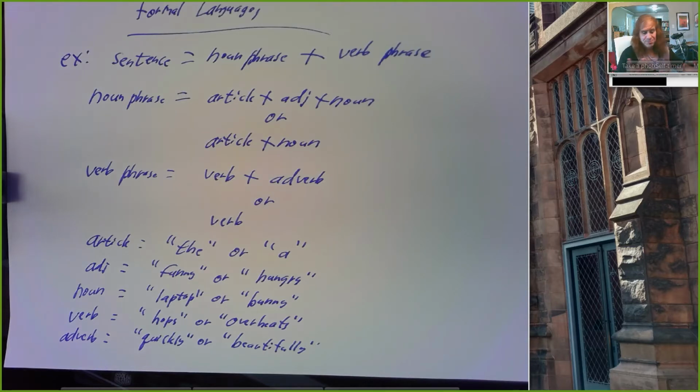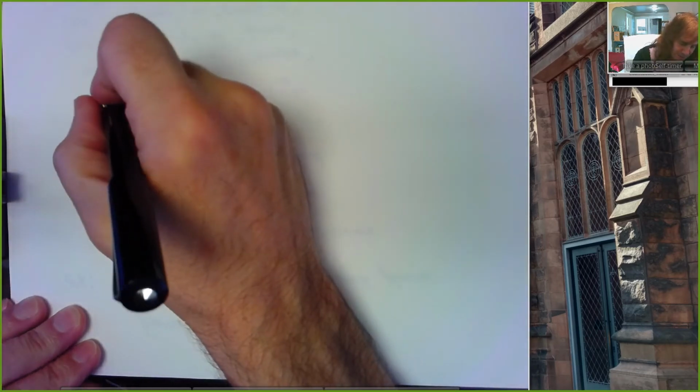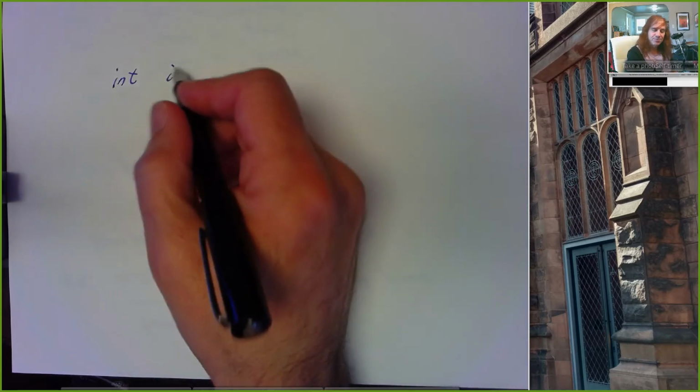And this is where computers come in. For example, if you think about parsing the C language, right? Taking a set of C code and figuring out what each statement is doing. If I say integer I, I could be declaring an integer. I could be declaring a function named I, because I'm going to have a parentheses here, which lists a bunch of arguments.